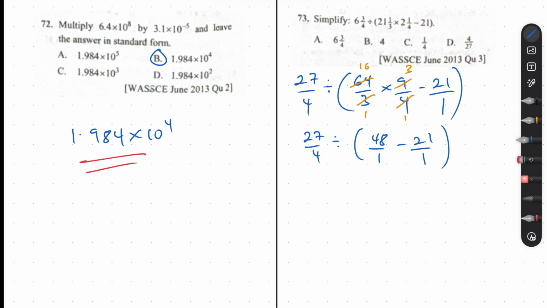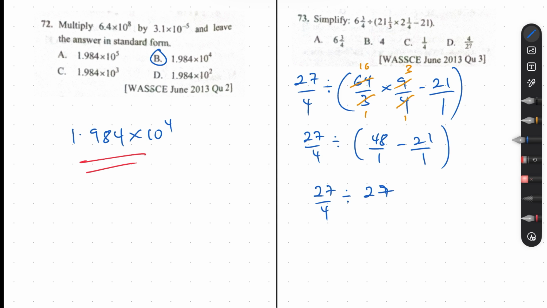So this simply means 48 minus 21, right? So we're going to have 27 over 4 divided by 27.